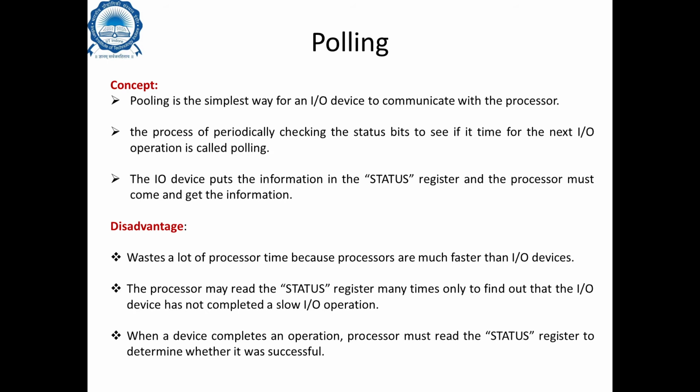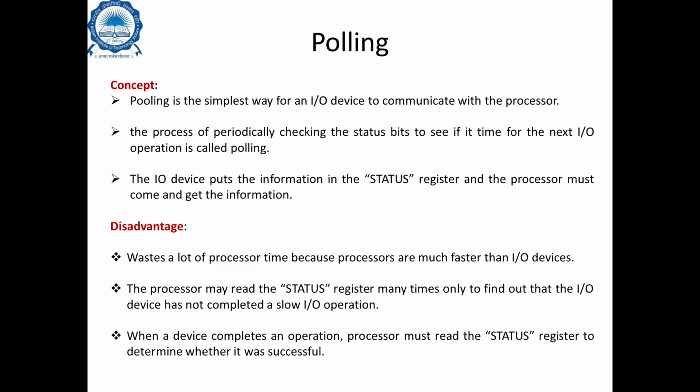The disadvantage, as we can understand, is that first of all, it wastes a lot of processor time because the processor has to come and check at periodic intervals. This is also possible because processors are faster than IO devices, and the processor may read the status register many times only to find out that the IO device has not completed a slow IO operation.